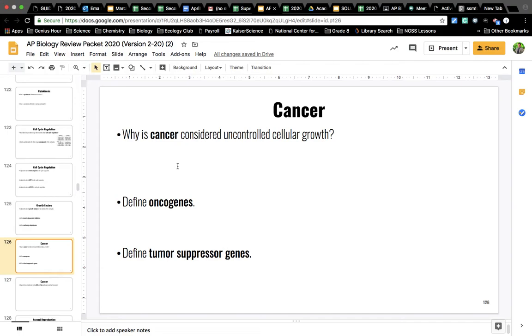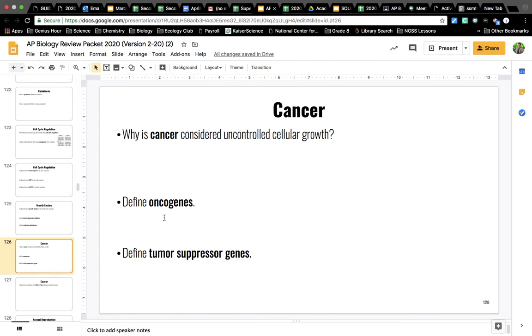Now, there are two things. We've got things called oncogenes. The root word onco refers to cancer. An oncologist is a doctor who studies or deals with cancer. So oncogenes are genes that deal with cancer. And then there are ones called tumor suppressor genes, which help suppress and fight against cancer.